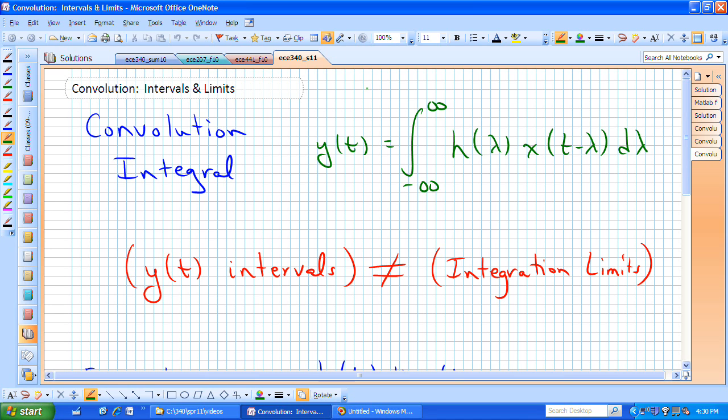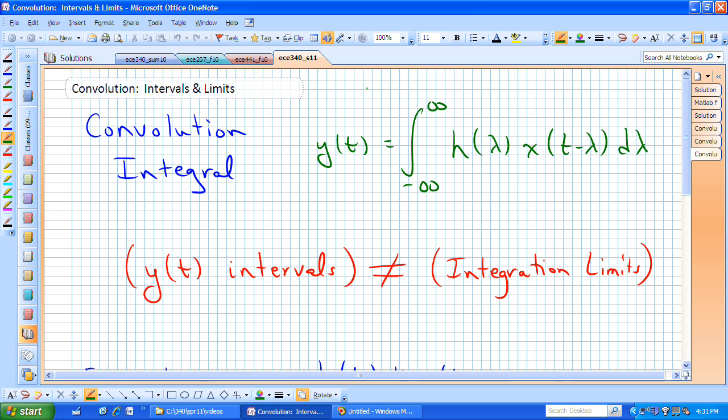you need to make sure that the intervals over which y of t is defined, where it may have a different functional form or values in a particular interval, those interval limits are not the same as your integration limits that you use to evaluate or determine what the y of t expression actually is.